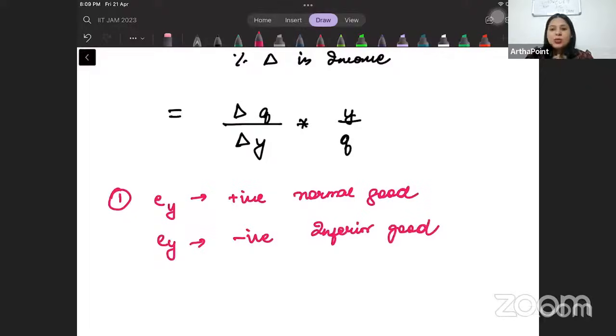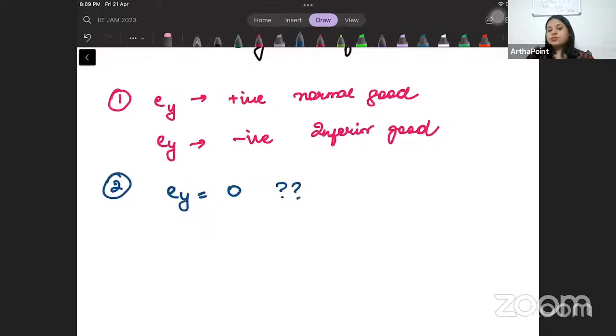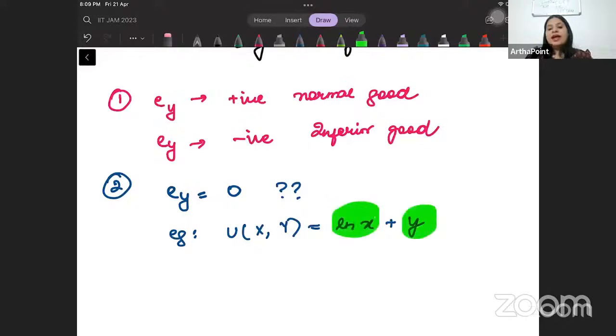Acha, can you think about an example where, बहुत important question है, where elasticity of income is zero? Quasi-linear goods. देखो example, जो हमारा utility function ऐसा बनता है ln x plus y, जिसमें ये non-linear होता है और ये linear. I have one good which is non-linear and one good which is linear.